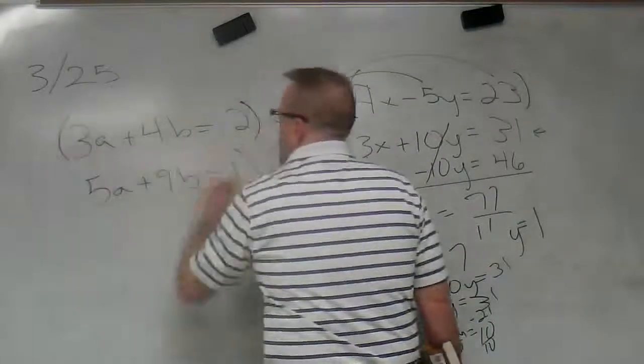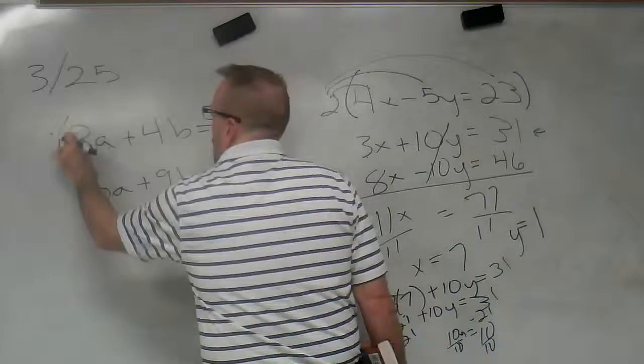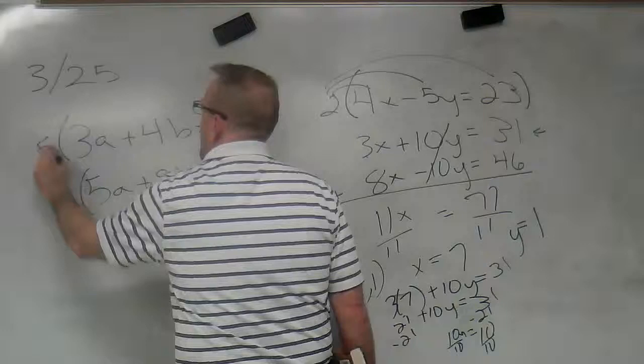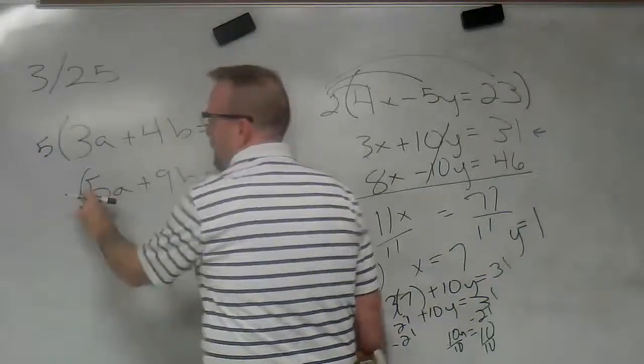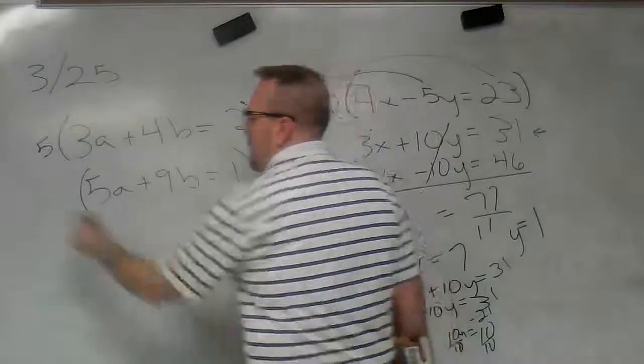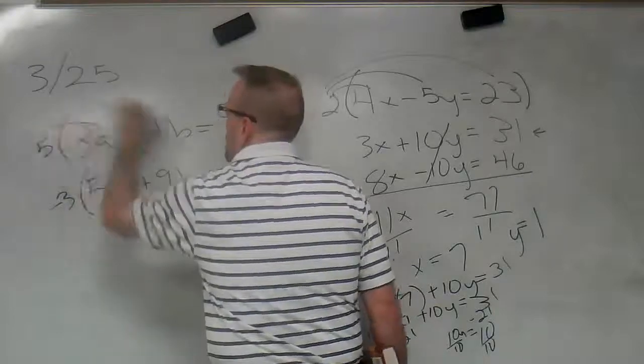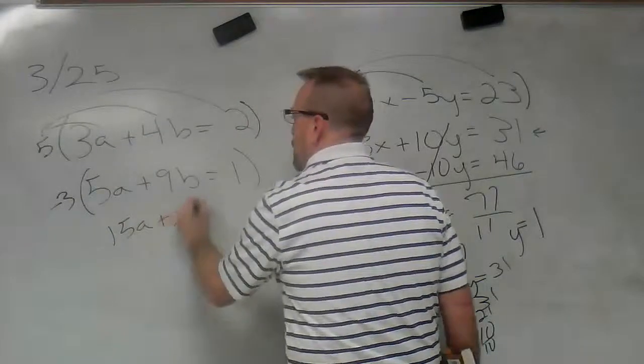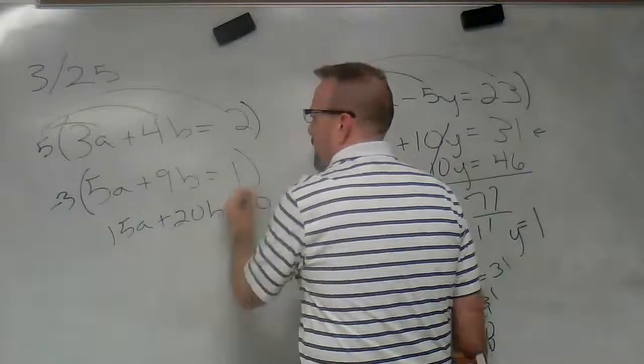So what could we get for this to be 15? 5. If we get 15 here, we want negative 15 here. So what would we multiply by? Negative 3. So let's multiply every single part. 15a plus 20b equals 10.